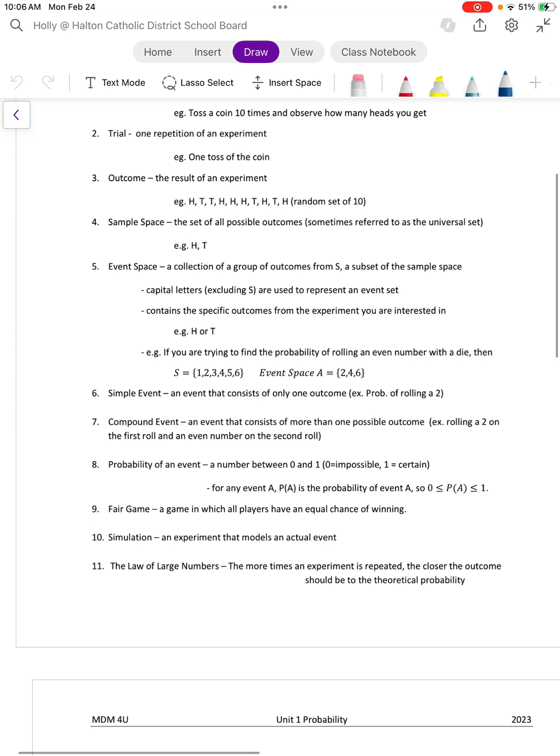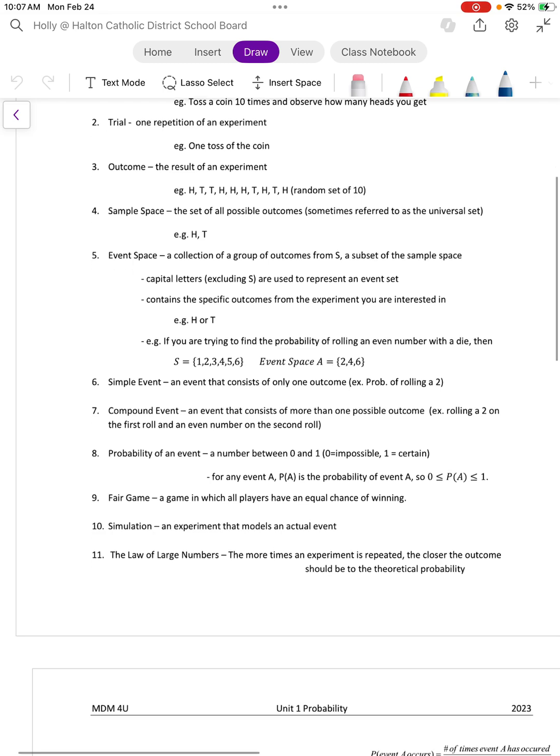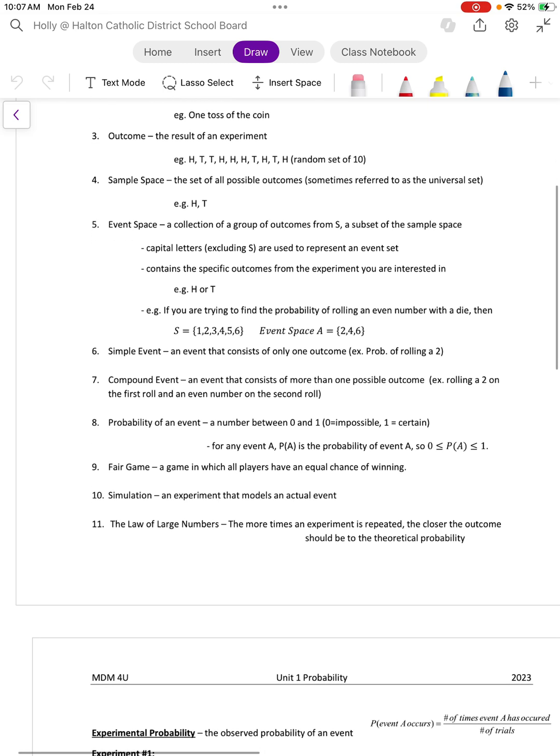For example, if you are trying to find the probability of rolling an even number with a die, then the sample space would be 1, 2, 3, 4, 5, 6. You have 6 sides to your die, and the event space of A would be 2, 4, or 6, because those are the even numbers within my sample space of 1, 2, 3, 4, 5, and 6.